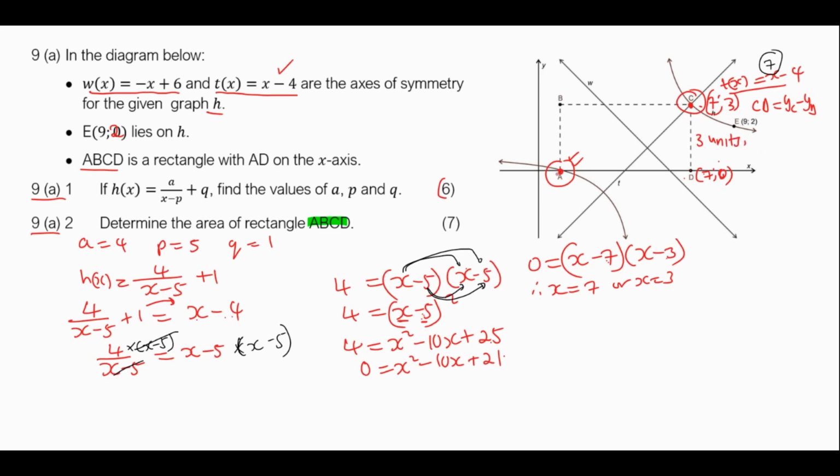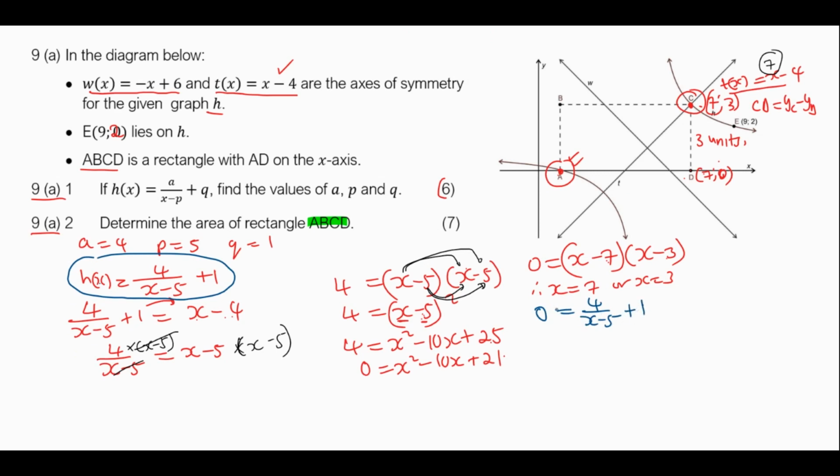Okay, let's find the coordinates of A. A is the x-intercept, so it means that y is equal to 0. So we're using h of x. Where there's h of x, we put 0 and solve for x. So 0 is equal to 4 over x minus 5 plus 1.